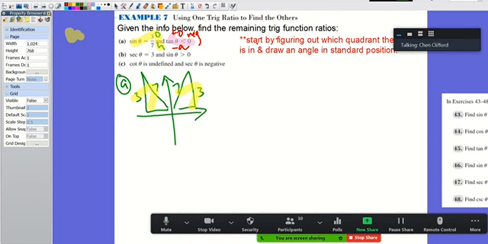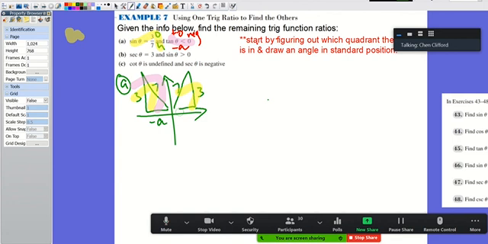Okay, and if adjacent is negative, then we must be talking about this guy right here.